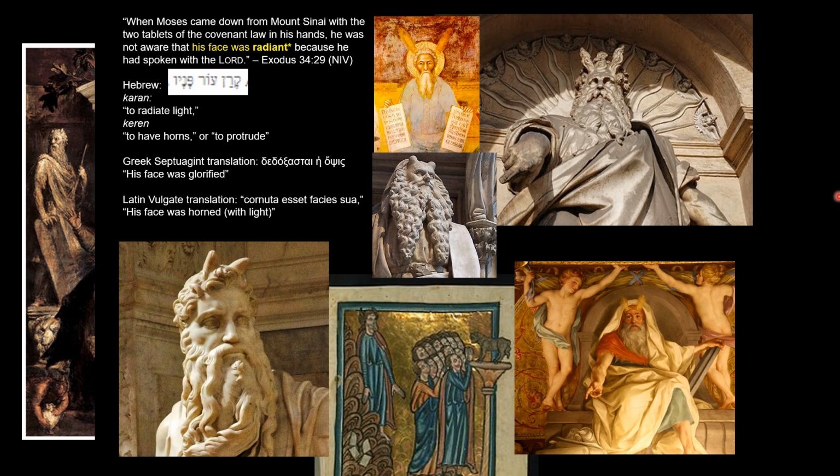And the reason why works of art show Moses as having beams of light or horns coming off of his head comes from an odd translation of the Bible whenever it was translated from Hebrew into Latin, describing Moses's face as being radiant or having horns of light. Whenever it was translated into Latin, they translated it as his face was horned with light to describe the effect of God's power shining off of him.